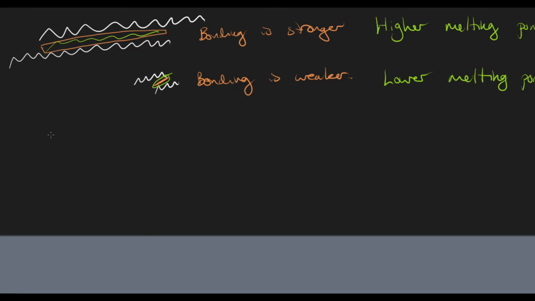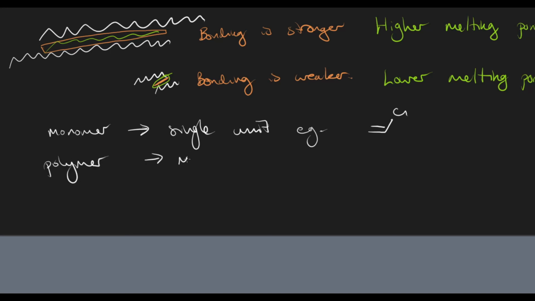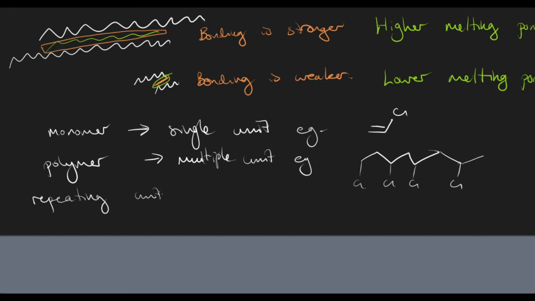So for example, you need to understand what a monomer is. A monomer, beg your pardon, this is the single unit, e.g. You need to understand the polymer is the multiple unit, e.g. And you need to understand the repeating unit, e.g. And if you can understand those terminologies and know what each of them is, then these questions should be pretty straightforward.